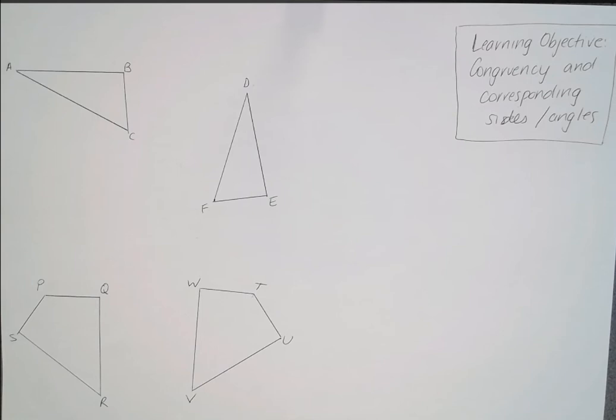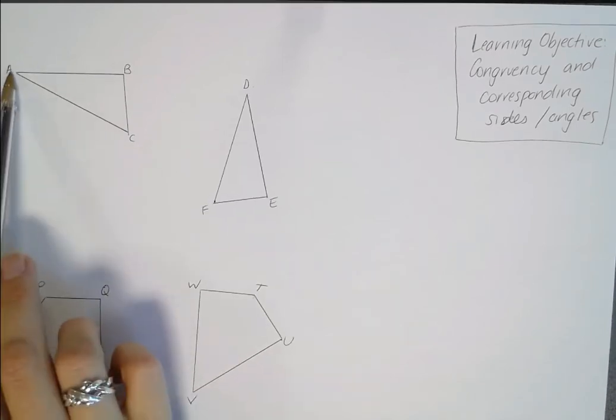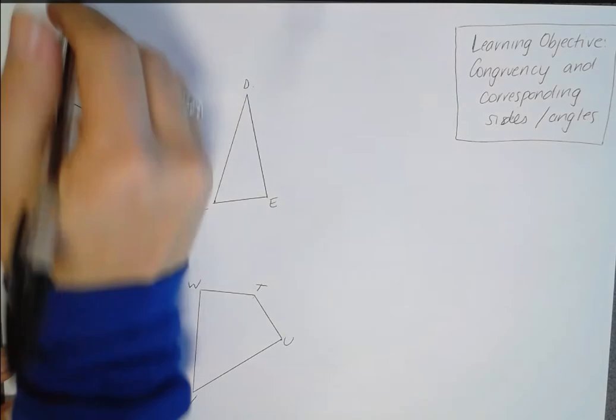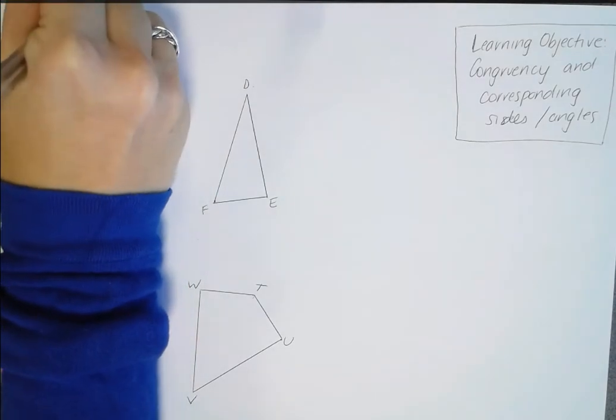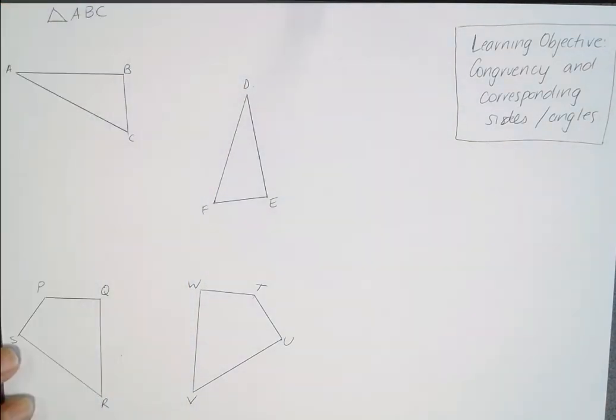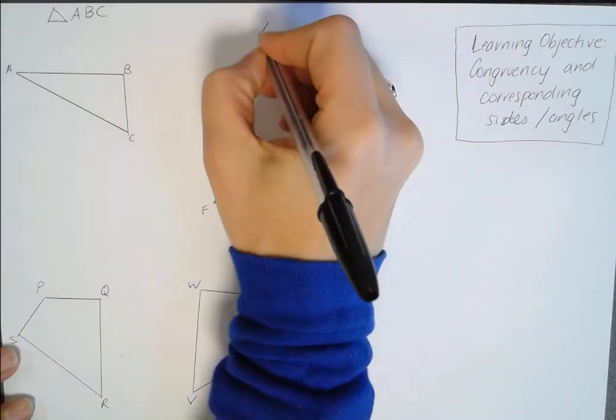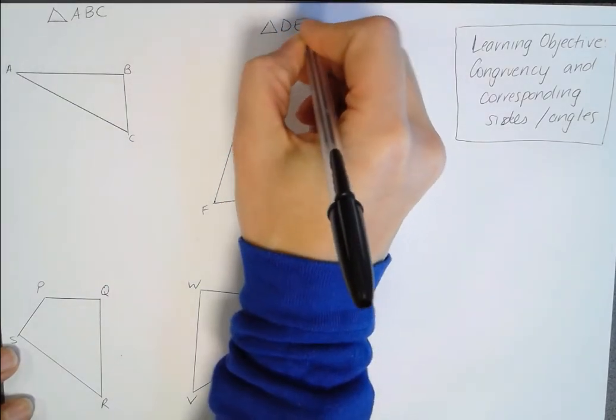So what we're looking at is different types of congruent shapes. We've got a pair of triangles to start with and then a pair of quadrilaterals with 4 sides. If you have a look first of all at A, B, C, we can name this triangle ABC. And I want you to get used to seeing these types of symbols. This here then makes it triangle DEF.